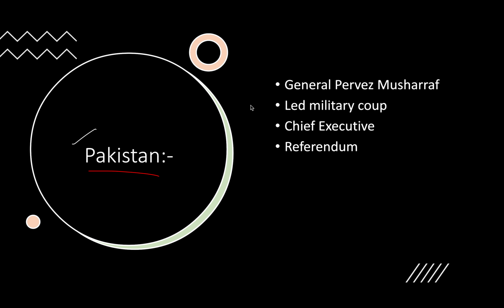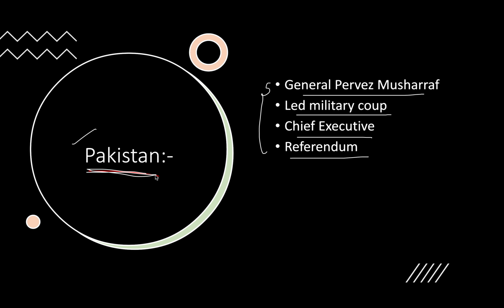I just wanted to focus on these four pointers. General Pervez Musharraf led a military coup, chief executive, and referendum. Definitely by just looking at these pointers you might not be able to understand what I am trying to explain to you all.